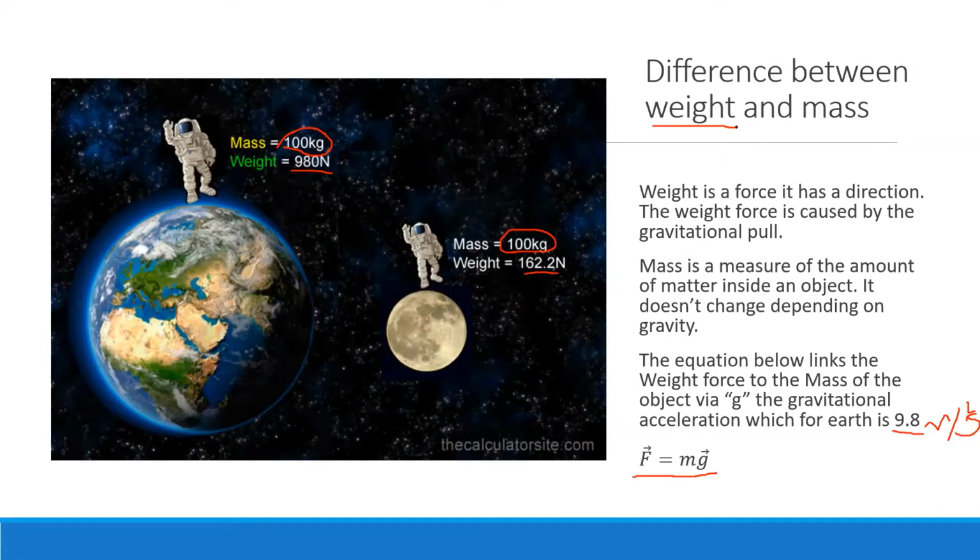Also, the other reason they don't use the word weight is because there's a lot of confusion. If someone says, oh my God, I'm overweight, that doesn't mean that the force you're putting down on Earth is larger than it should be. It means that you have more mass than you should have. That's because of a colloquial term. The common way we refer to weight is, how much do you weigh?